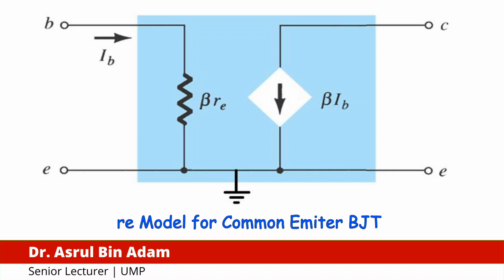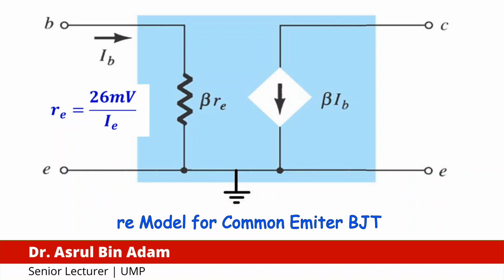Because, as you can see, the emitter point here is directly connected to the ground. That's why we call it the common emitter re model for BJT. Then we have a new formula, which is re, equal to 26 millivolts over IE. Later on we will discuss how to find IE.